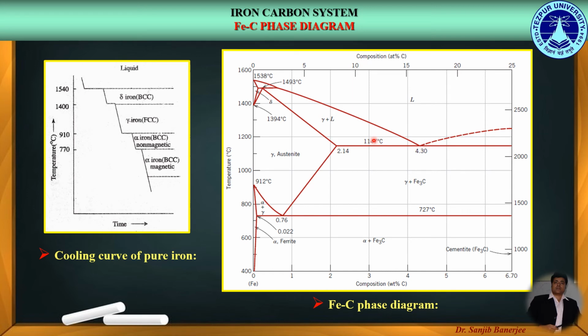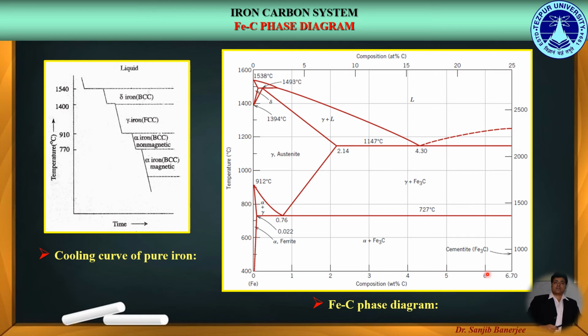Now, below approximately 1.8 weight% of carbon, we call it as steel, while with higher than 1.8 weight% of carbon, we call it as cast iron.